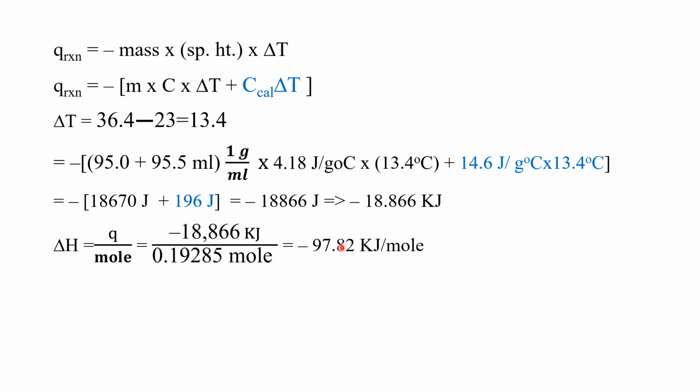So, negative meaning it's exothermic or heat releasing. Negative 97.82 kilojoule per mole. Dito pala, kinonvert ko pa pala dito yung joule to kilojoule by dividing it by 1,000.